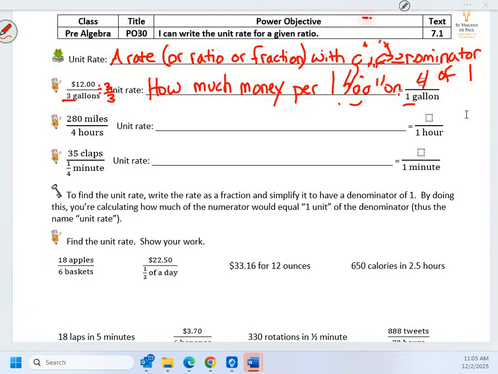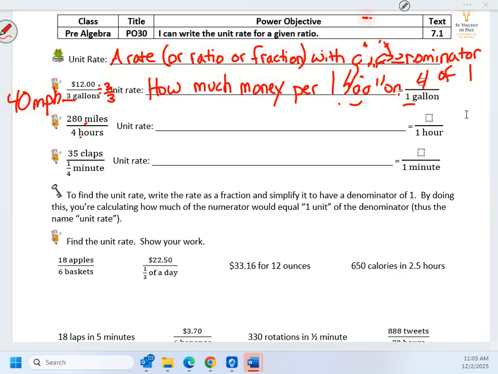Where would we see that miles per hour? Finley? In the car. When you're driving on the road, do you ever see speed limit signs? 40 mph. Miles per hour, mph. Miles per hour. So it brings us to the unit rate of how fast can you go in 1 hour.